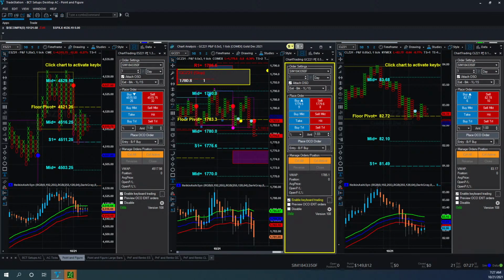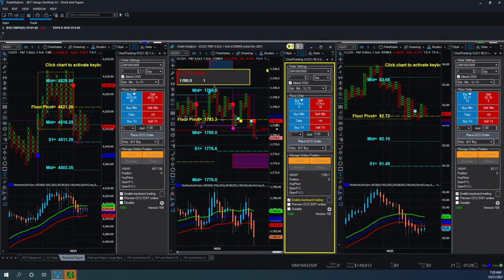It broke to the downside in gold. I was not paying attention. It moved too fast on me. Let's see what it does here.